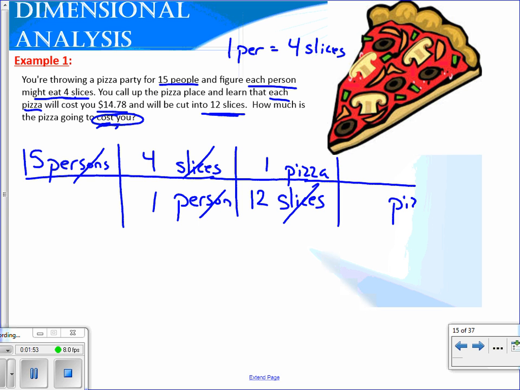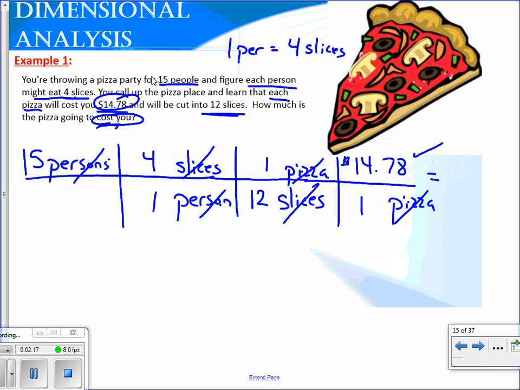Do we know a relationship between pizza and cost? Yes, we know that each pizza costs $14.78. So one pizza is going to be $14.78. And so, in the end, do we have the cost? Yes. All of our units are crossed out?